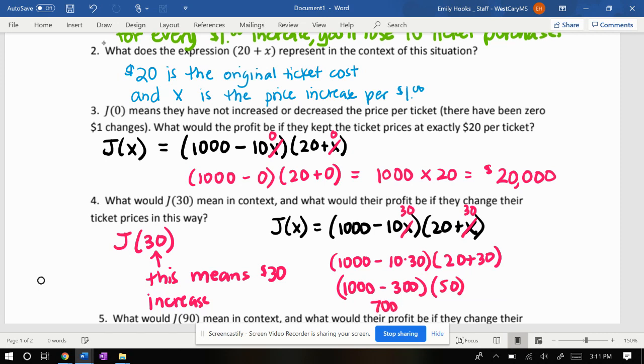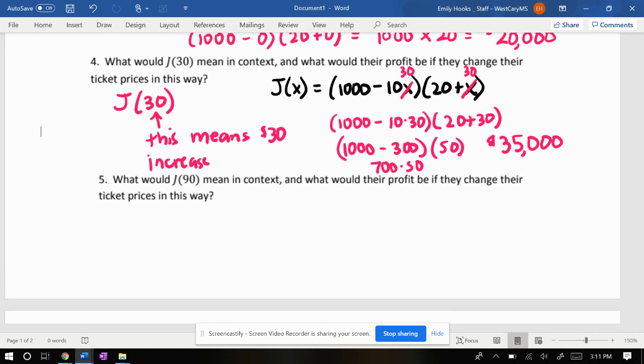So 700 times 50, so $35,000. As you can see, if we increase our ticket price, we're going to make more money. Fewer people are going to come, but because you're now making more money per ticket, you'll actually increase your profit. But eventually, if you start charging too much, you're not going to make any money.